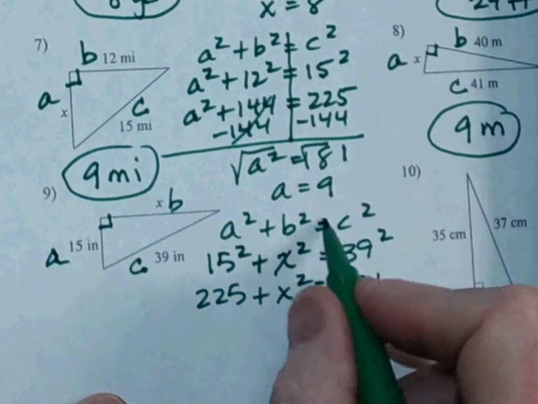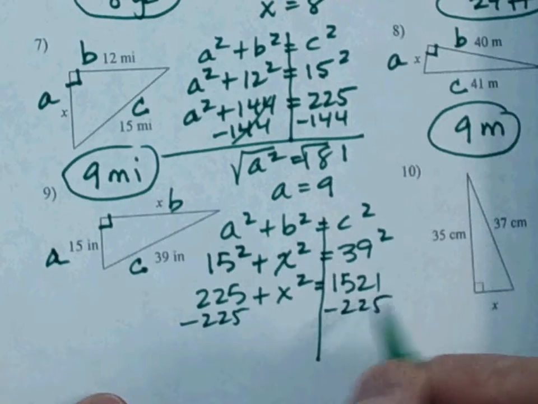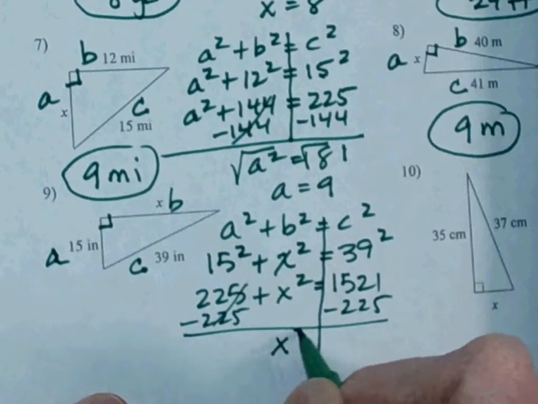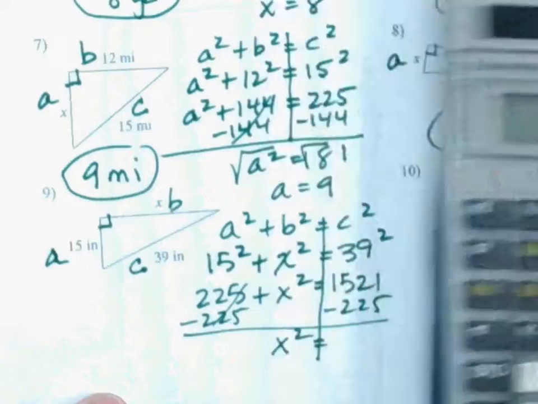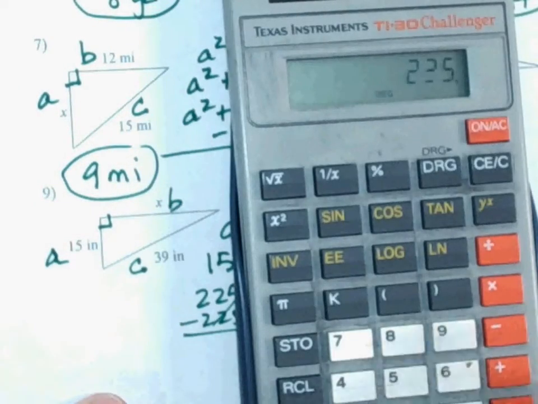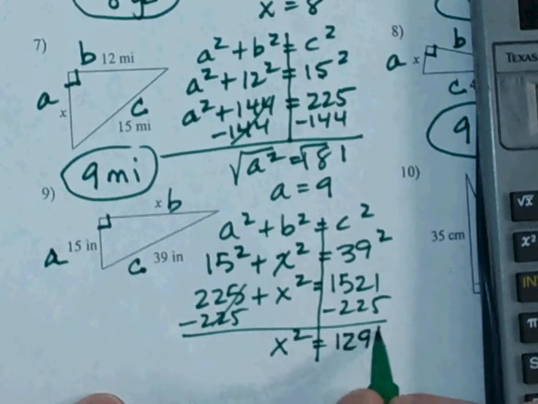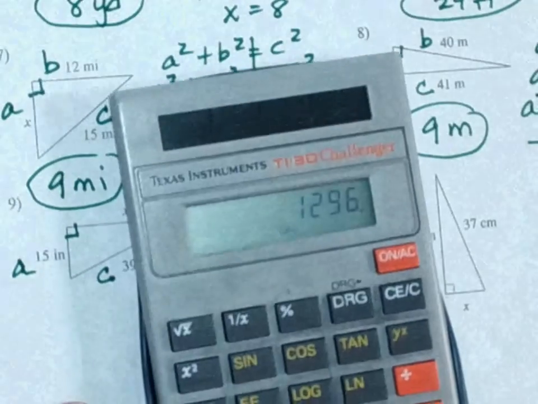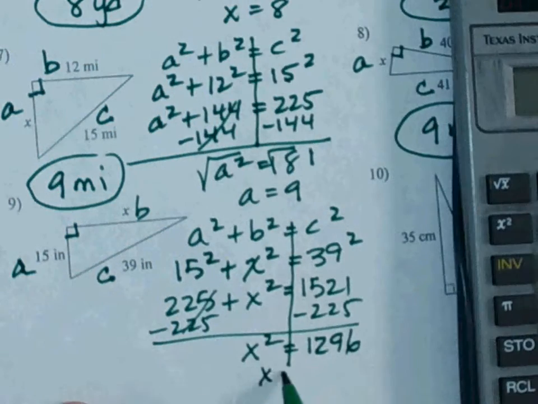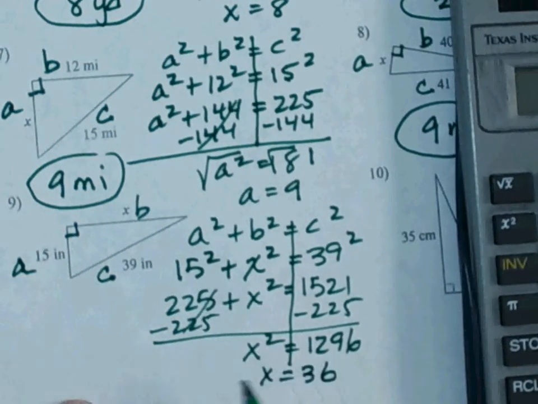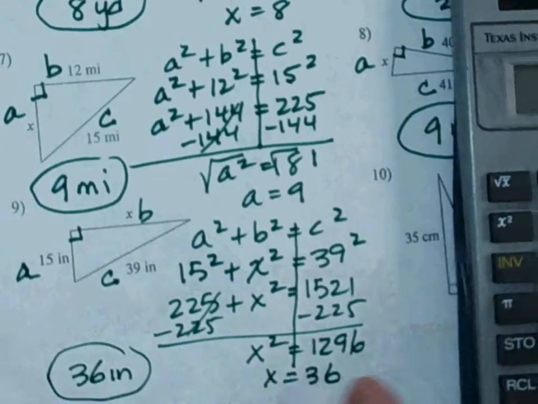I now subtract 225 from both sides as an inverse operation. X squared equals, I subtracted 225, you get 1296. When I take the square root, I get 36. So it's 36 inches.